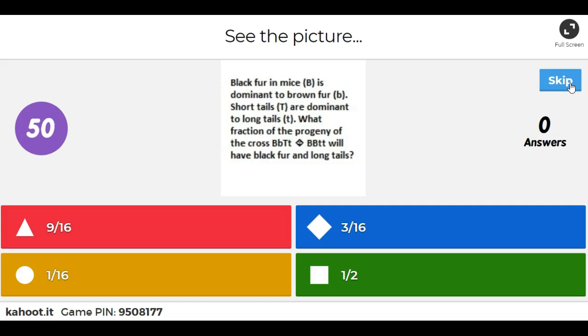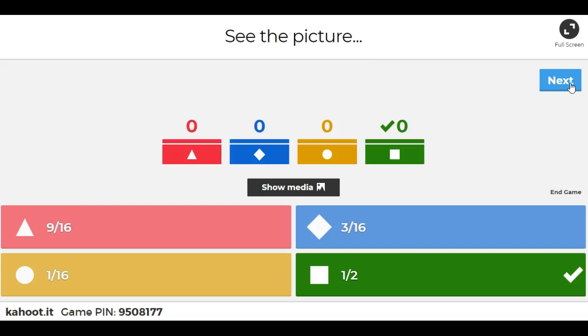What fraction of the offspring from the cross given will have black fur and long tails? 5 seconds left. The answer is 1/2.